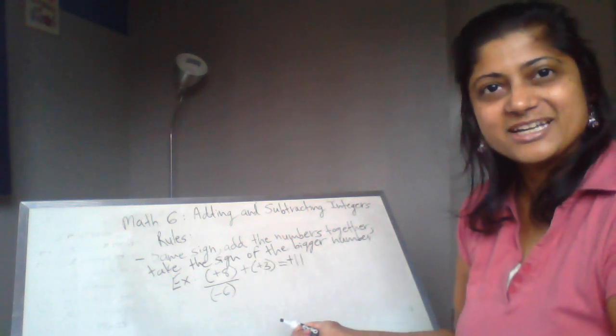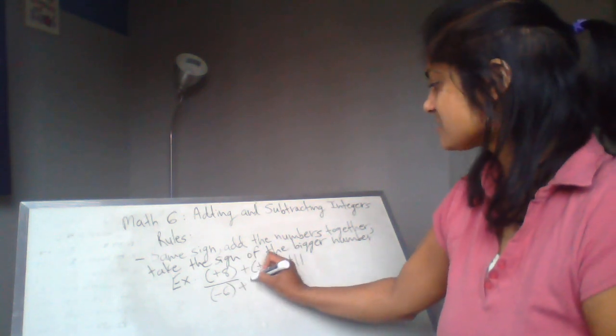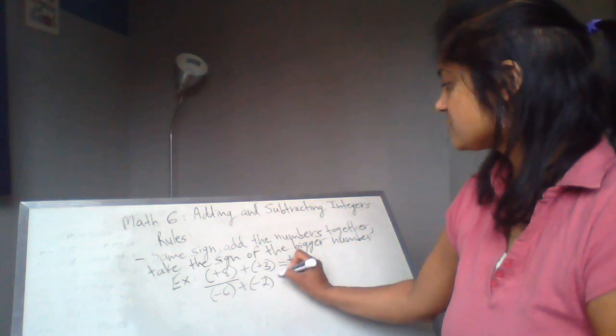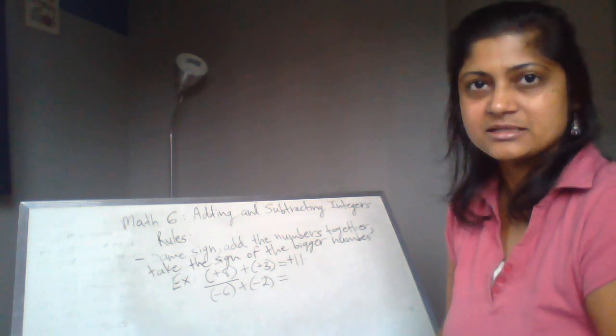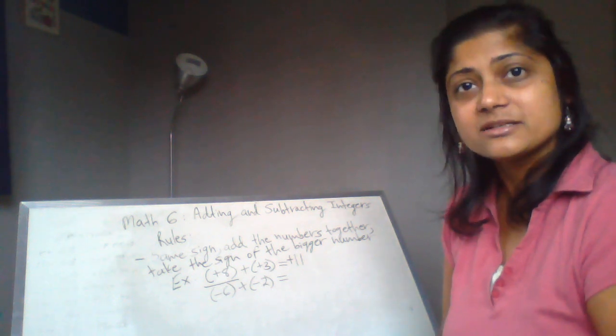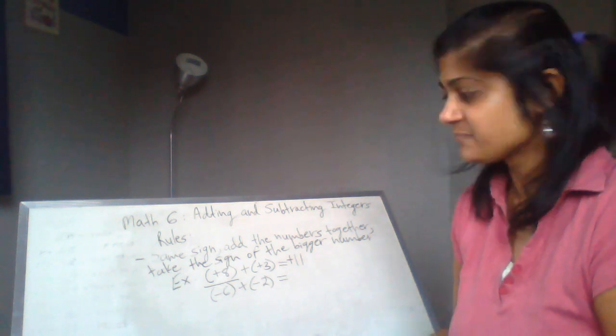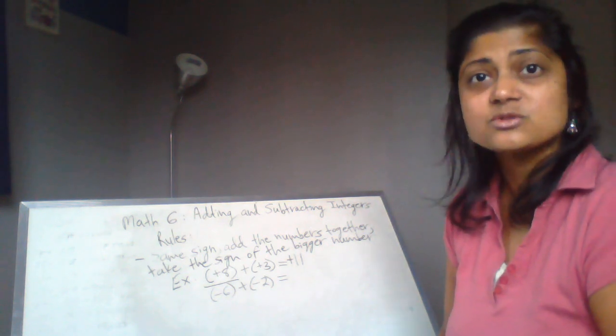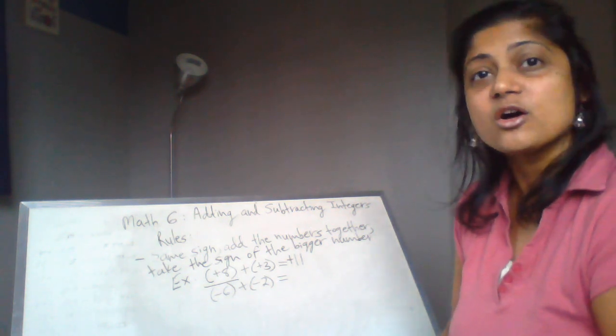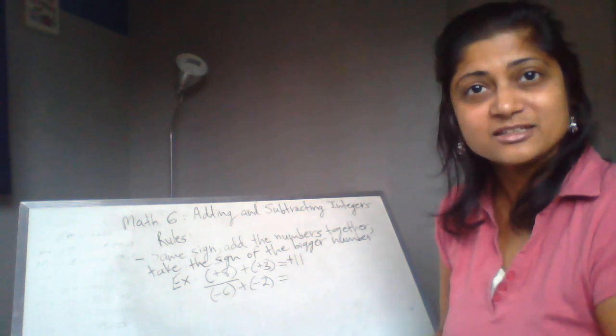So I'm going to do negative 6 plus, let's do negative 2. Again, we're just adding these integers together. Look inside the brackets for both of these numbers. I notice that the 6 is negative, and the 2 is also negative. Again, the signs are the same, so I'm going to add the numbers together.